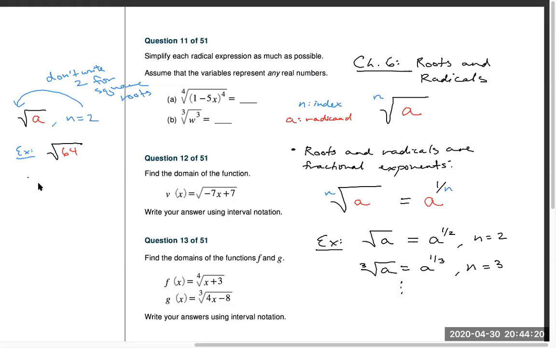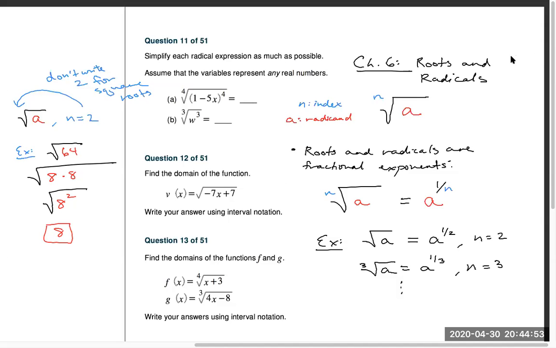So I know that 64 is 8 times 8. Okay, I have a pair of 8s. So the square root here undoes the square. This is actually 8 squared, square rooted. So that becomes 8. Okay.